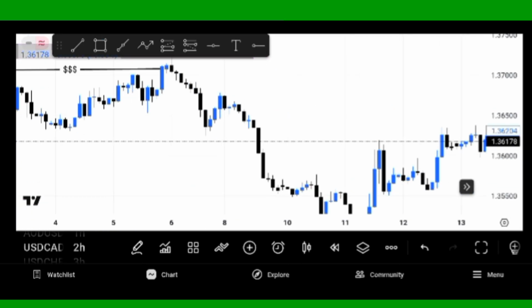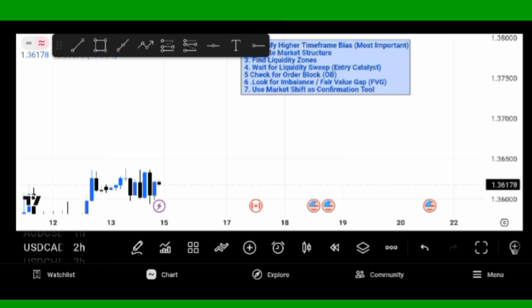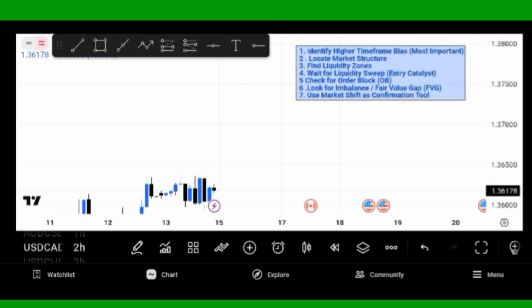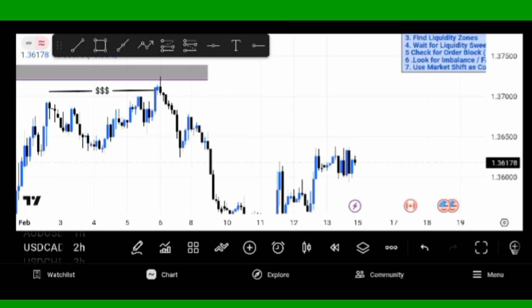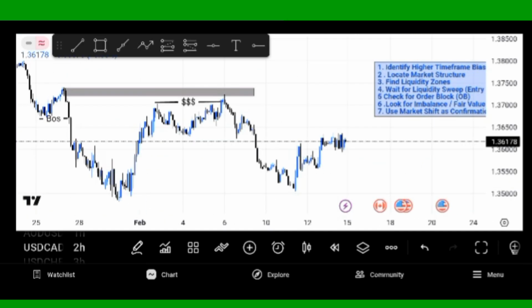The seventh one is to use a market shift. The market shift is used for confirmation. If you use it, you will not just enter the market like that.